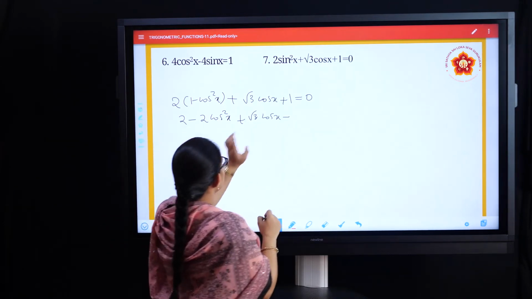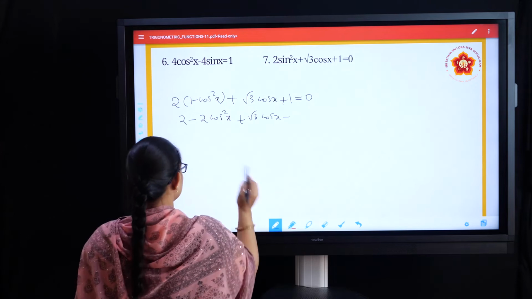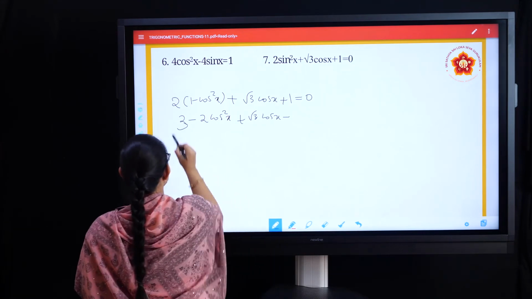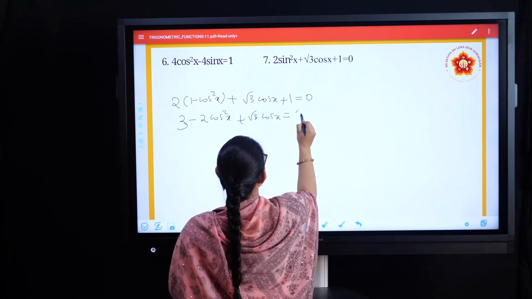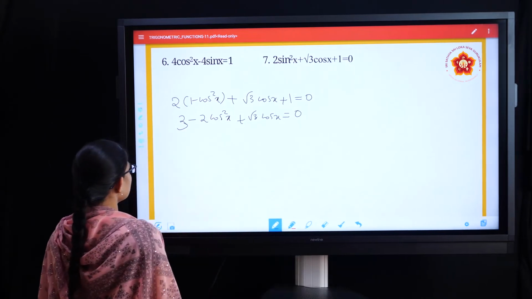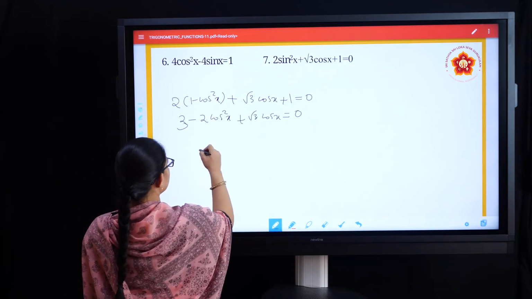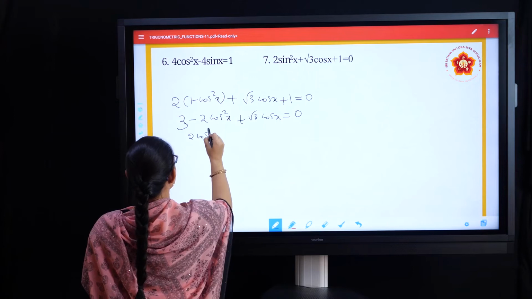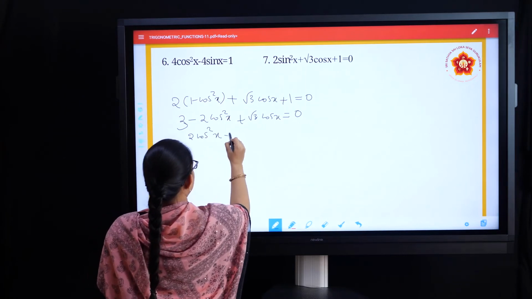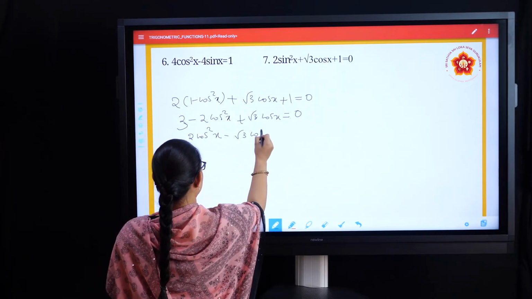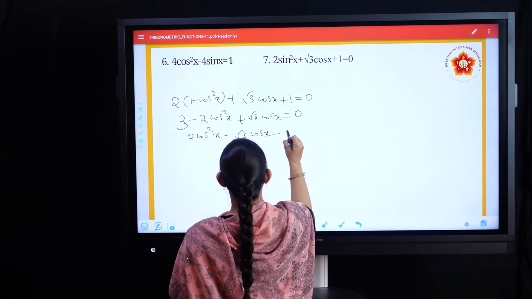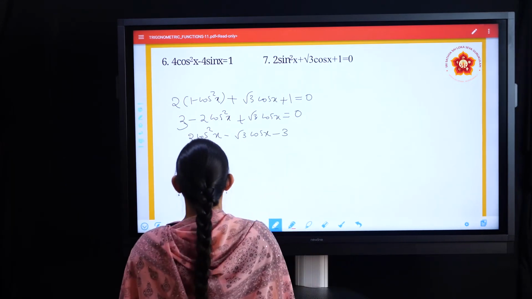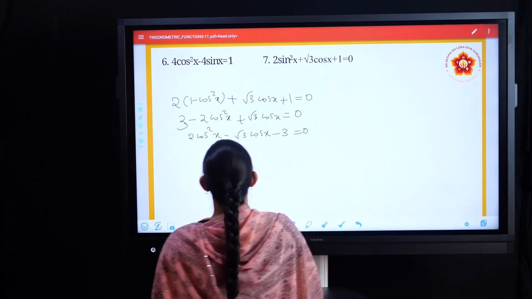Actually 2 plus 1 is nothing but 3, right? So we can write this as 3, which is equal to 0. Now I can rewrite that as 2 cos square x minus root 3 cos x minus 3 is equal to 0.